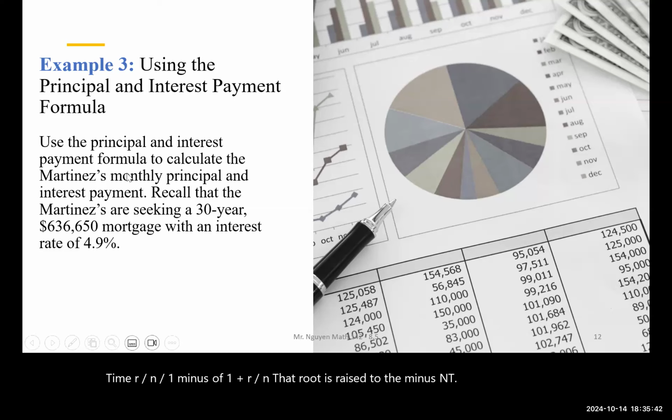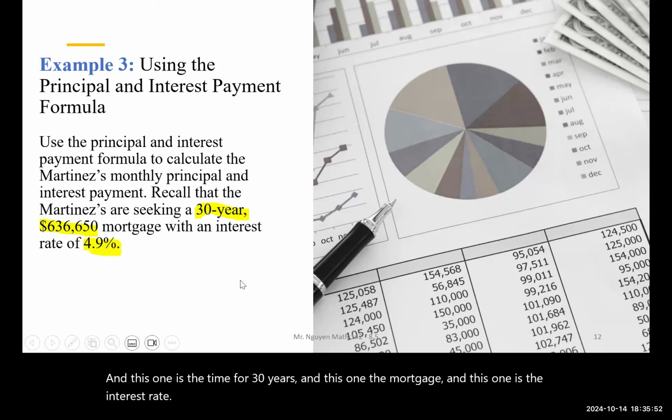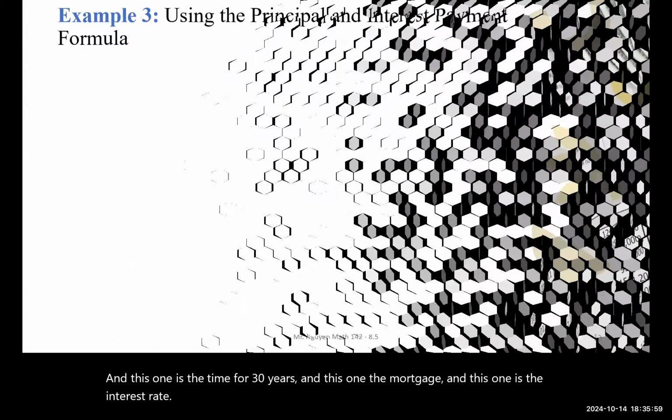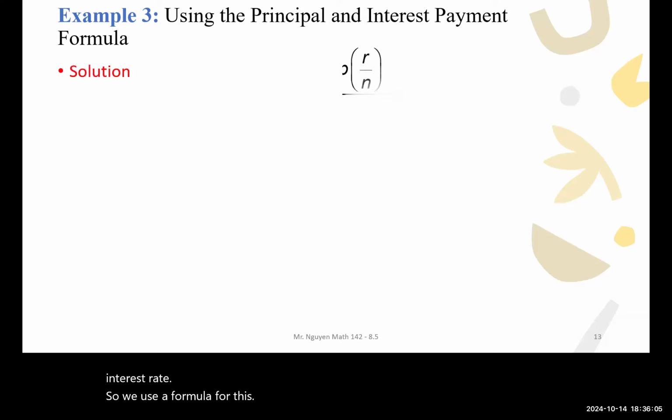So this one is the monthly, this one is the time for 30 years, this one is the mortgage, and this one is the interest rate. So we use the formula for this. We have everything right there.